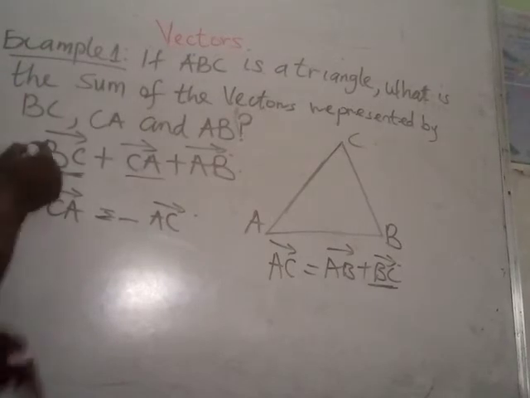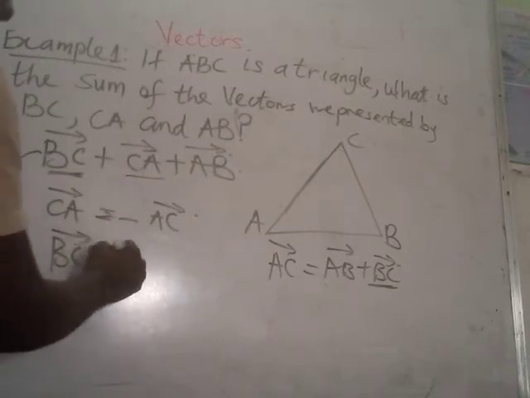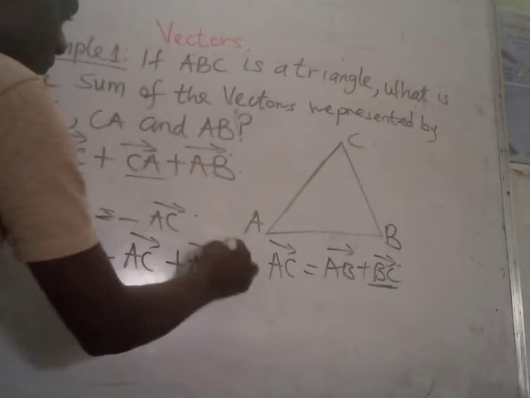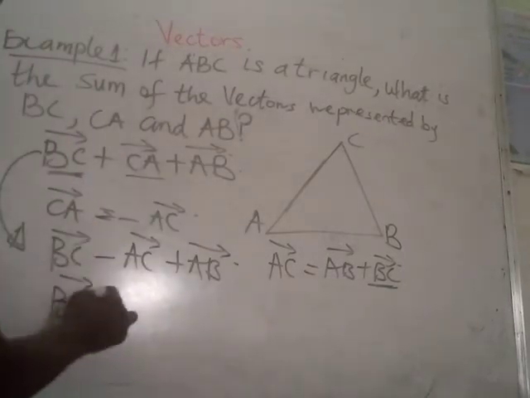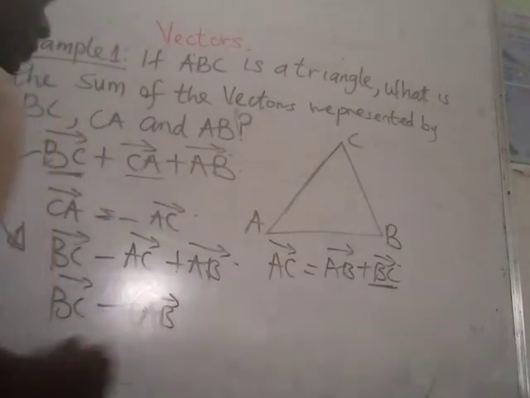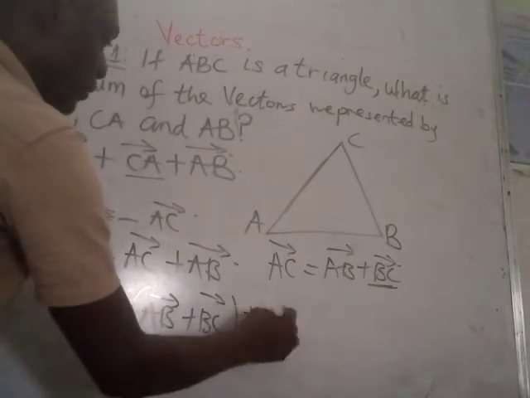So this sum becomes BC minus AC plus AB. AC is AB plus BC, so we have BC minus AB minus BC plus AB.